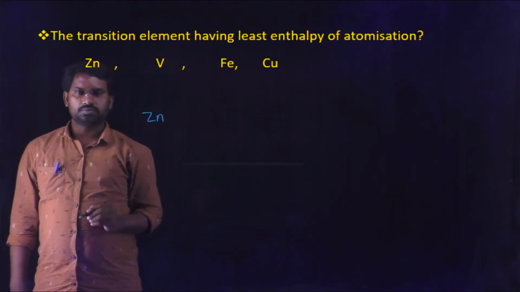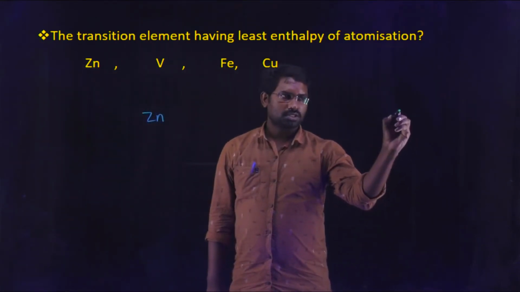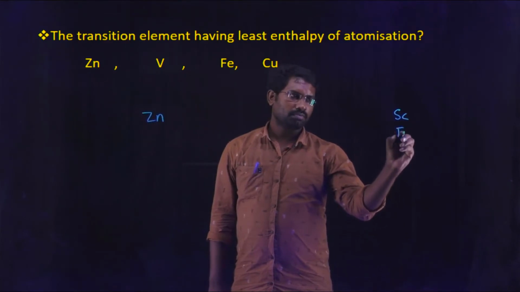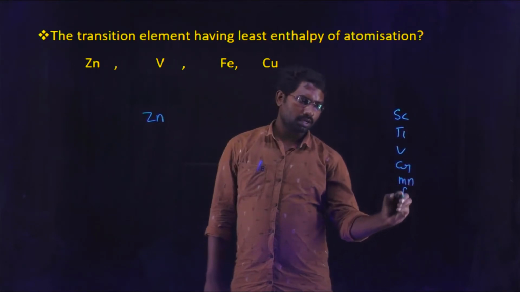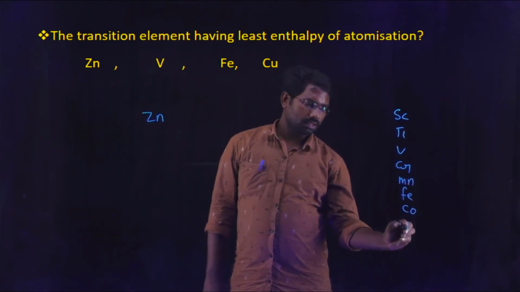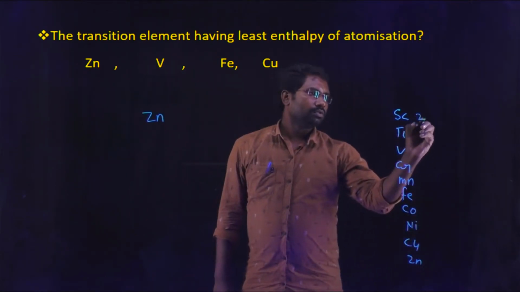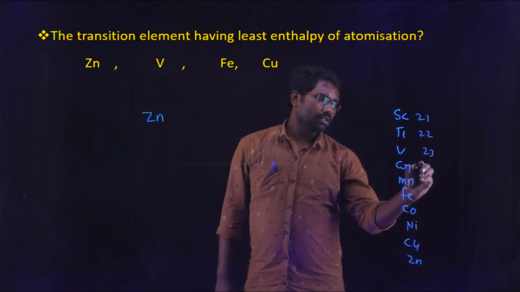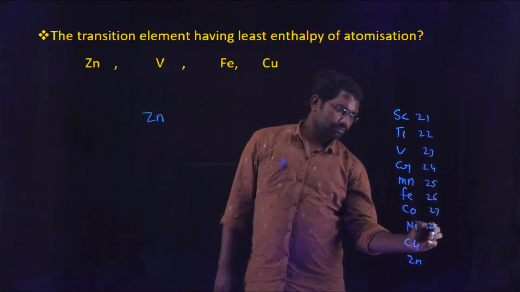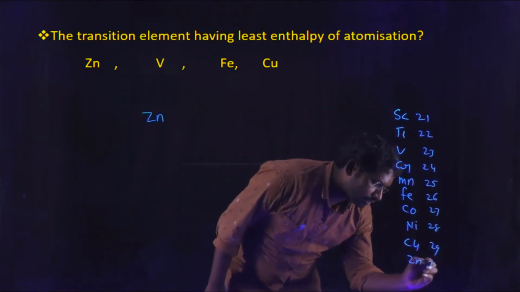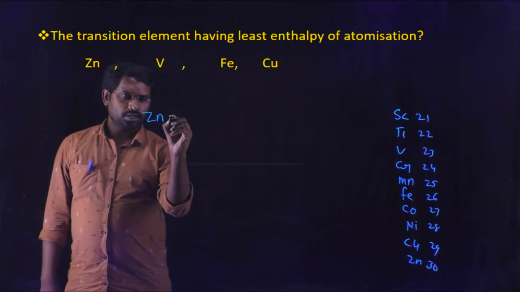The atomic numbers of scandium, titanium, vanadium, chromium, manganese, iron, cobalt, nickel, copper and zinc are 21, 22, 23, 24, 25, 26, 27, 28, 29 and 30. So zinc's atomic number is 30.